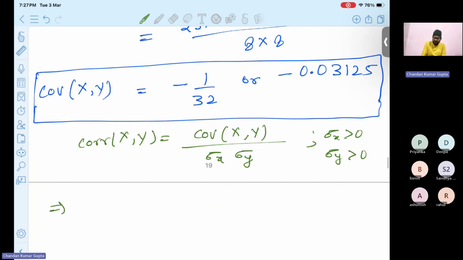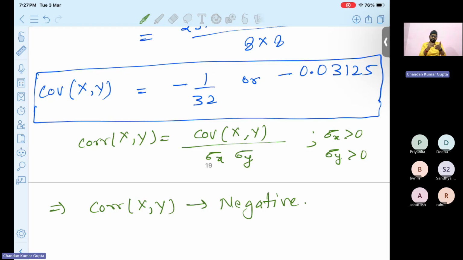So this implies that the correlation between x and y is negative. Whether it is a very small quantity or a very big quantity is another thing. The thing is, it is negative in nature. So this means the two random variables are linearly related, but not directly proportional; it's inverse.